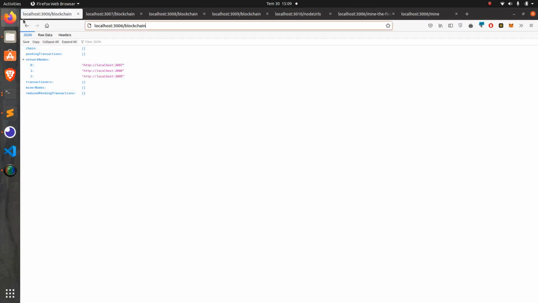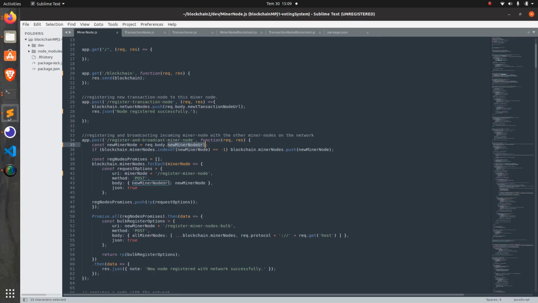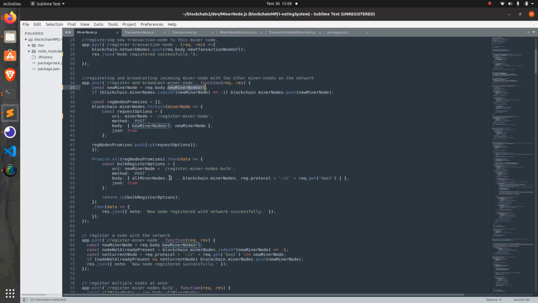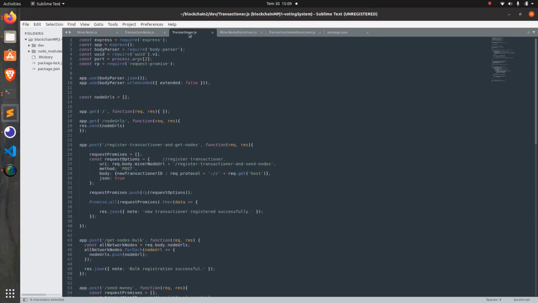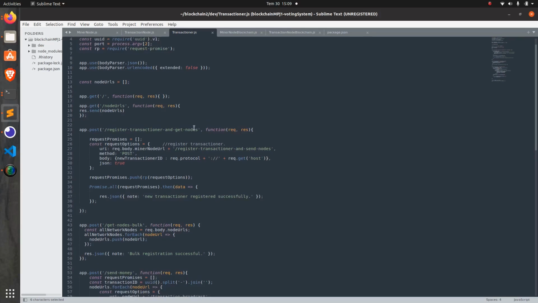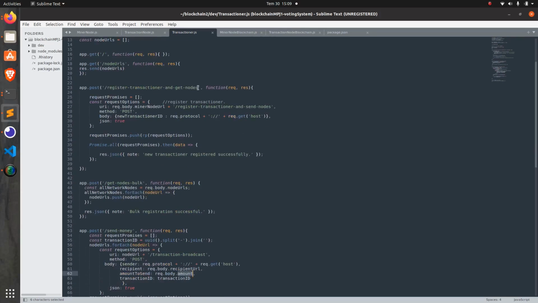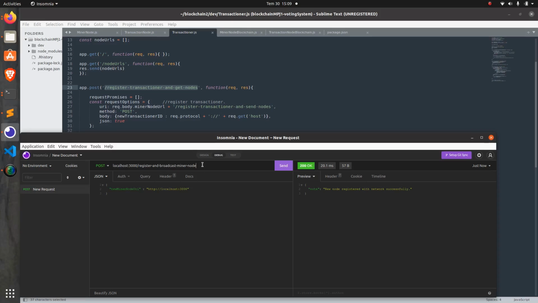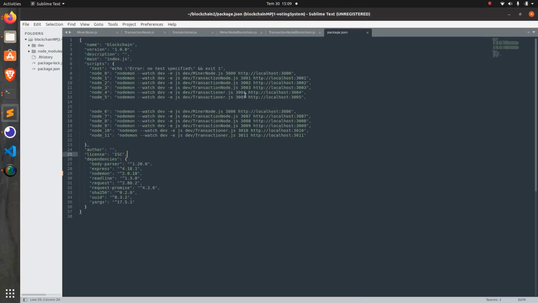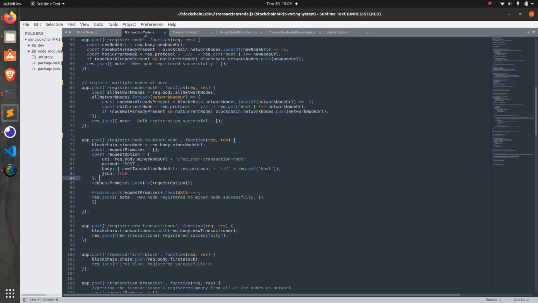Now, yes, they are also connected. So there are transactioners also. They are like wallets. Its port was what was here.